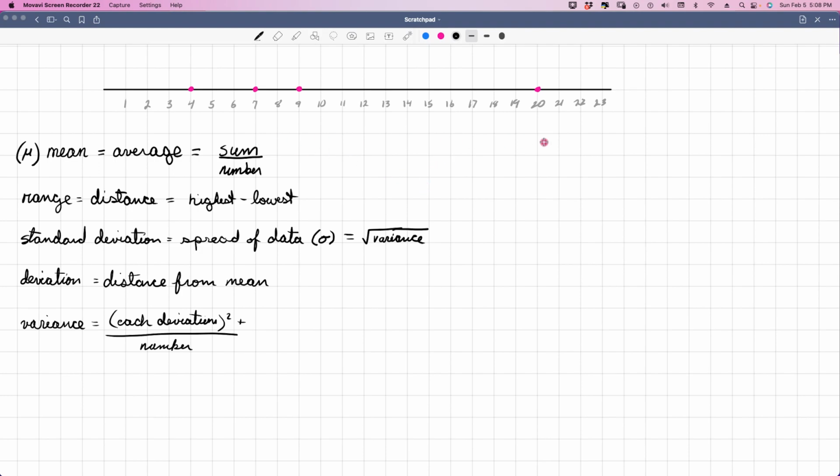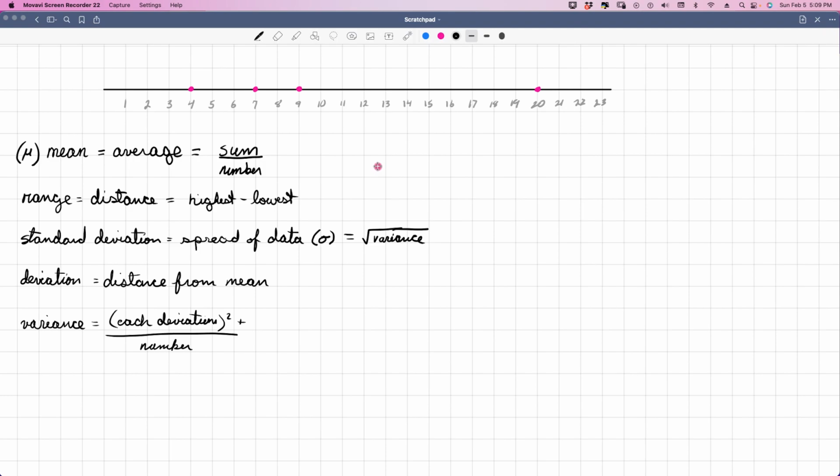So this data plotted on the number line, we can actually analyze the information here and understand the spread of the data, and it will tell us certain bits of information once we know how to read it and how to understand it.